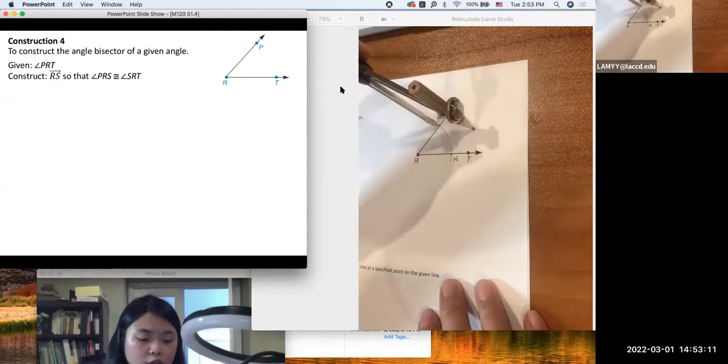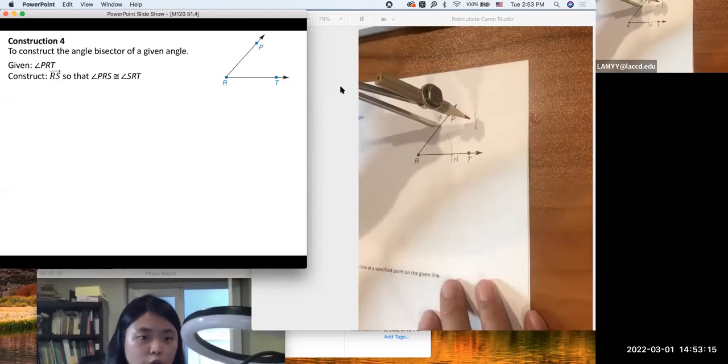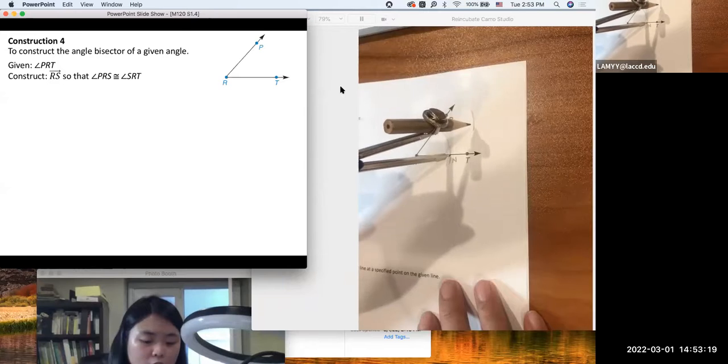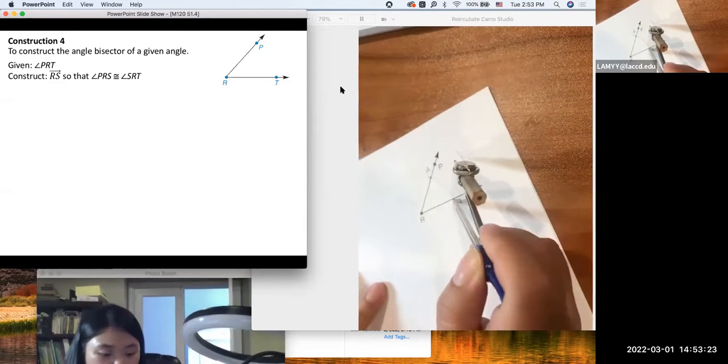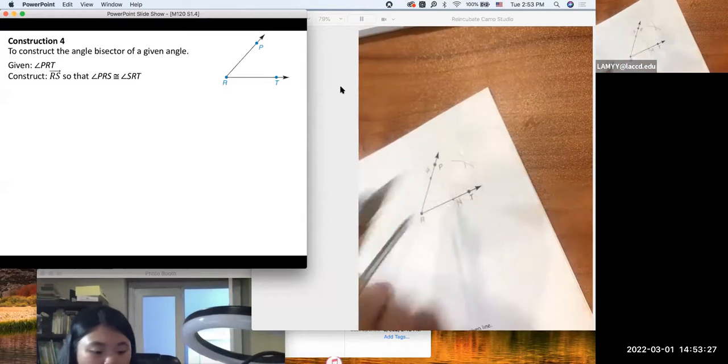I'm going to draw the arc here. Then I'm going to use the same radius, go to the N, and draw the same arc here.